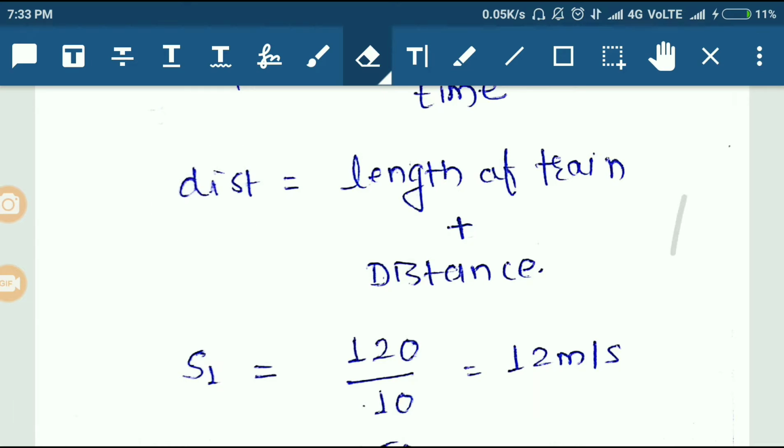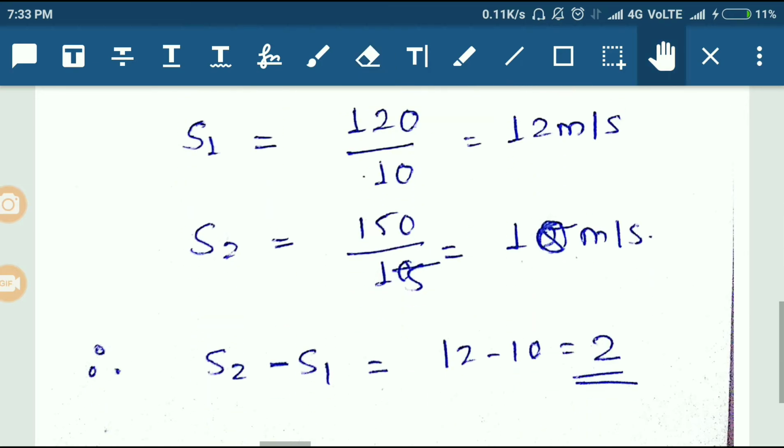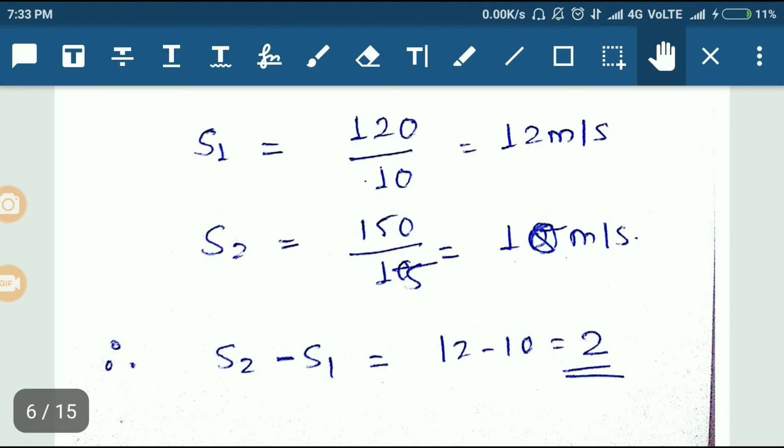If we know the distance from the starting point to where the telegraph is, we would have to add it, but here it is not given, so that distance would be 0. Only the length of the train we have to consider, and for that we have calculated S1 and S2, and when we subtract S1 from S2 or vice versa, since we have to find the magnitude of difference.